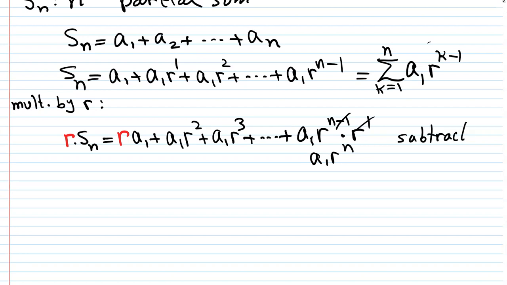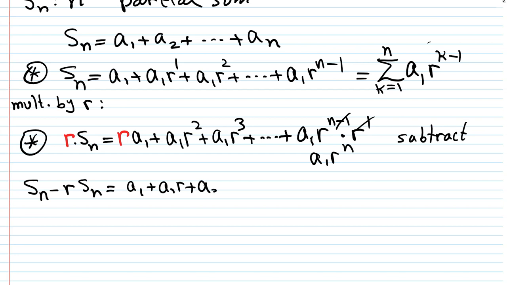We're going to subtract the bottom from the top. So I'm going to write the top first, S sub n, minus r S sub n second. That's subtracting the bottom from the top. Now, the way it works with the a's, I have a1, a1 r, a1 r squared, plus, let me go one more, a1 r cubed plus dot dot dot plus a1 r to the n minus 1.